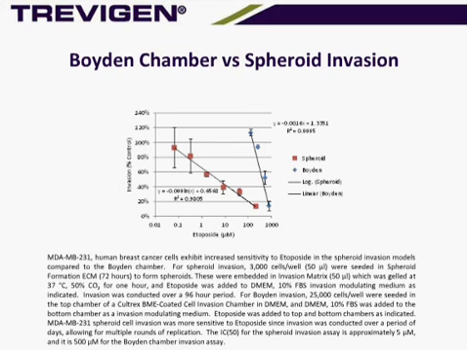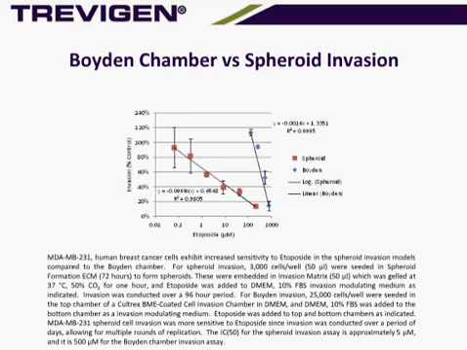We see that the Boyden chamber has a much higher IC50 for etoposide, which is a known chemotherapeutic agent, whereas the spheroid invasion has a much lower IC50, approximately 5 micromolar. And this is mainly because etoposide is a topoisomerase inhibitor. It requires replication for its pharmacological activity.